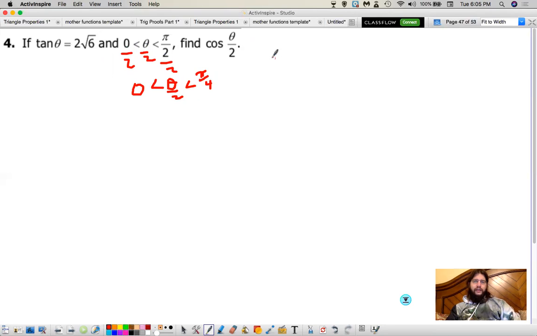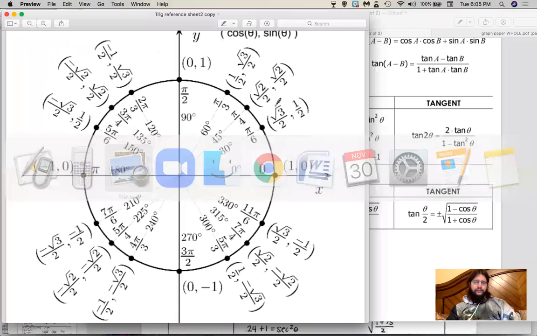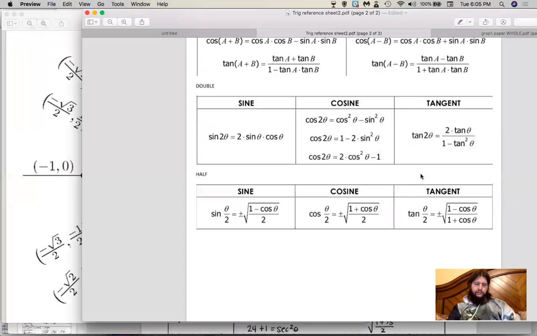So theta over 2 is in quadrant 1, so we're going to be dealing with positive cosine of theta over 2. Almost the same formula as sine, with a plus sign here instead of a minus sign.